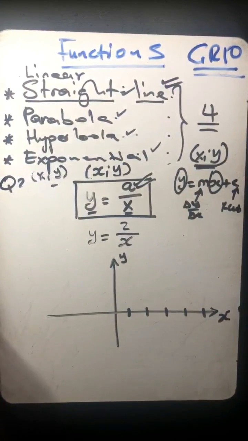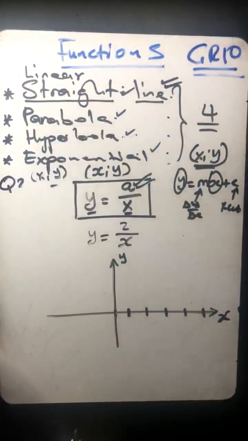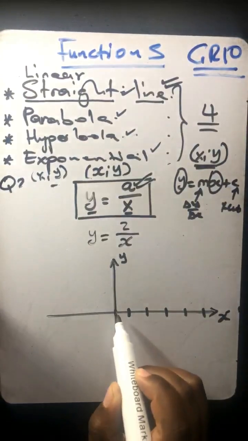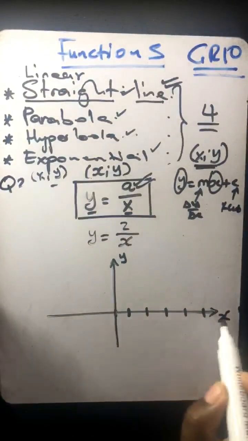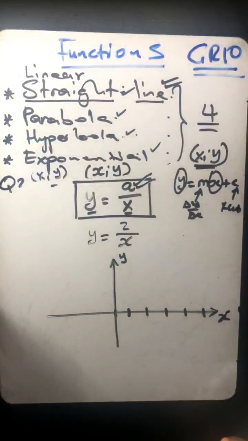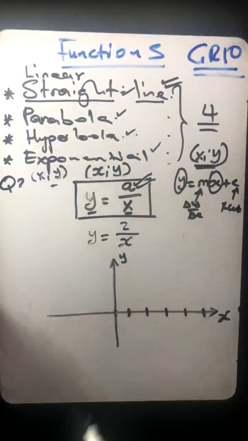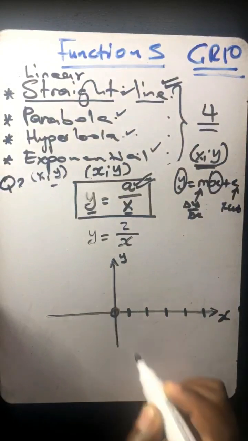If you punch 0, it gives you an error. There's a reason for that. That means your function will never touch either the y or the x axis. That's why it gives you an error when you substitute 0 where you see x.